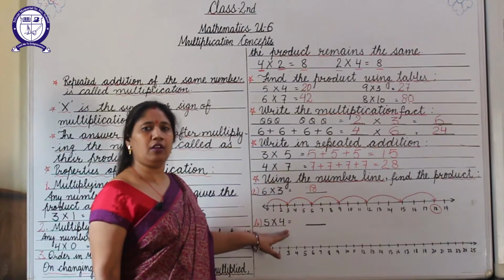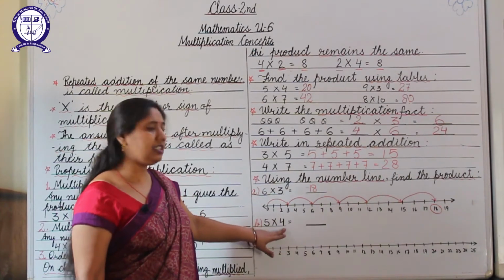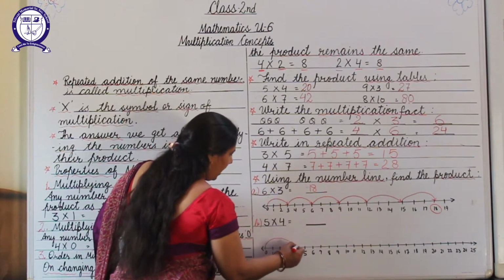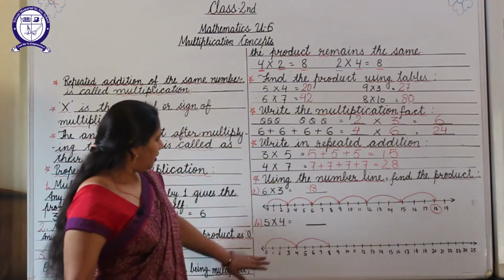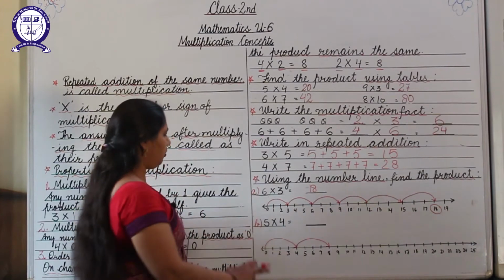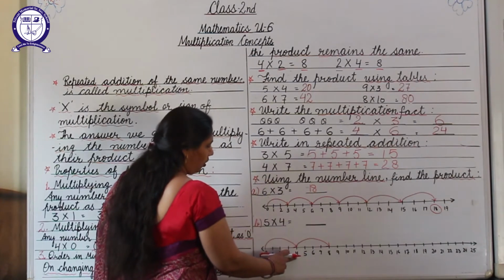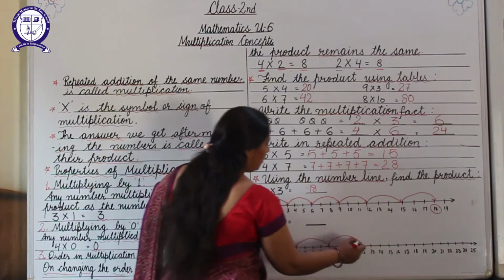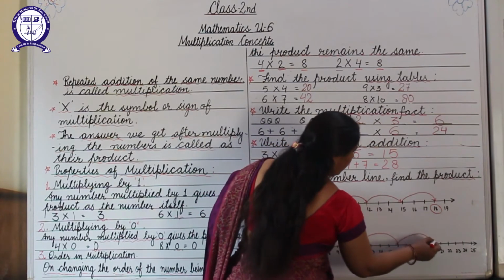5 times 4. We read 5 times 4. So the first jump is on 4. 1 time, 2 times. So you have to put an arrow, okay beta, like this, and you have to jump 4 at a time. 4 ones are 4, 4 twos are 8, 4 threes are 12, 4 fours are 16, 4 fives are 20.